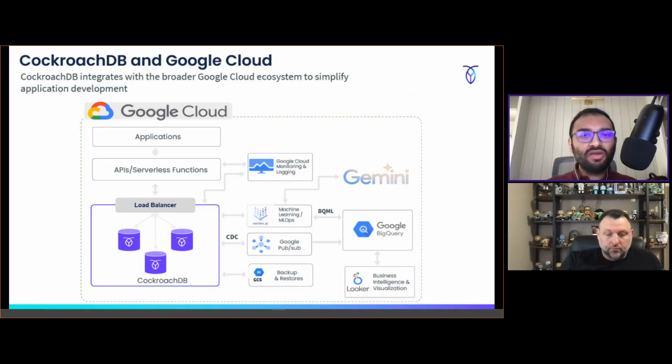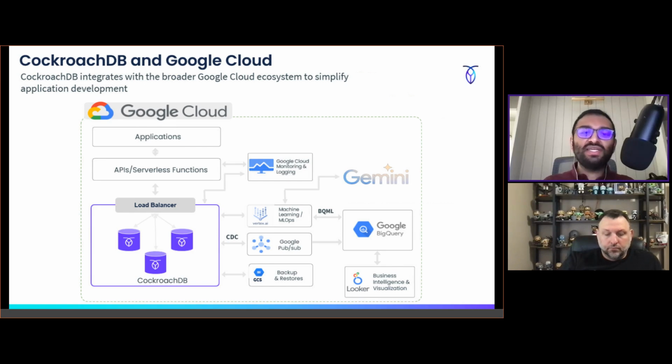But beyond what we shared so far, how do we integrate into the rest of the Google ecosystem? Let's say you're using Google Cloud today. What other services can you use with CockroachDB? Let's say you have your applications, your APIs, your serverless functions interacting with your database.